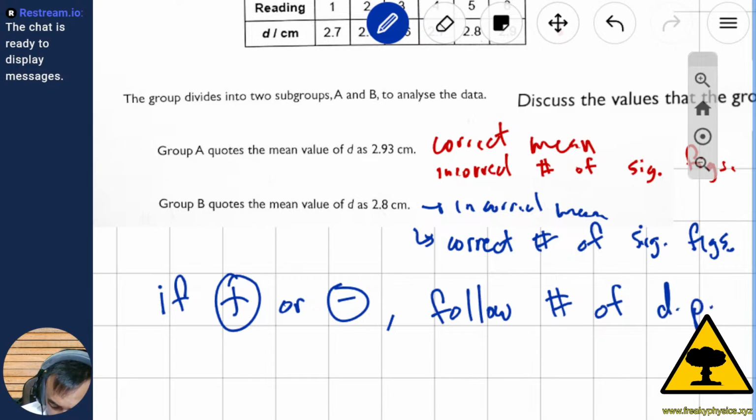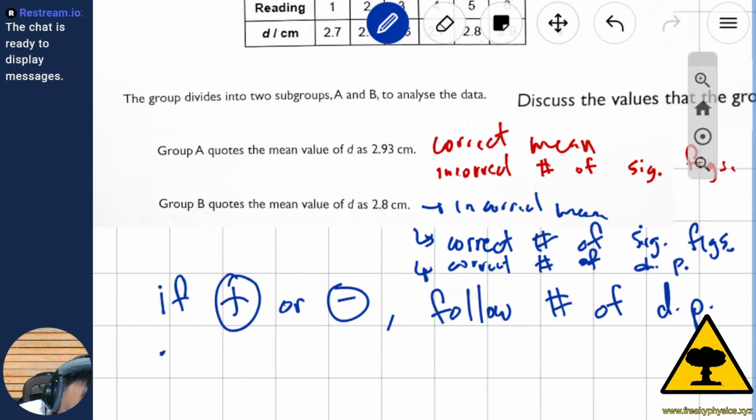So we can actually note it here again. Which one has the correct number of decimal places? A has the correct number of decimal places. Let's just note it here.